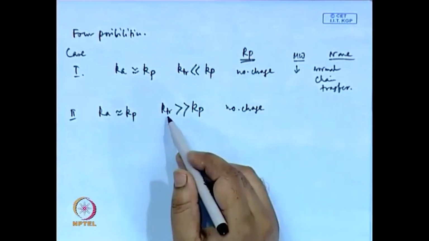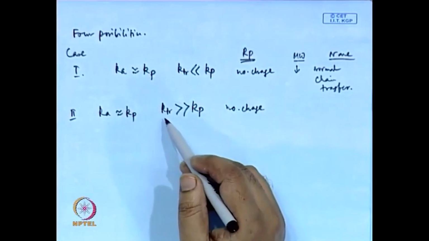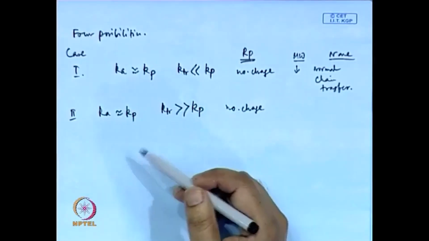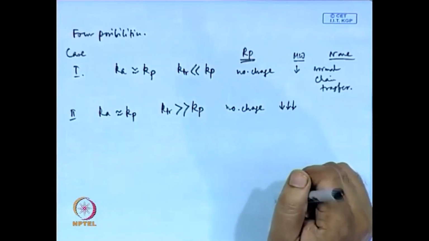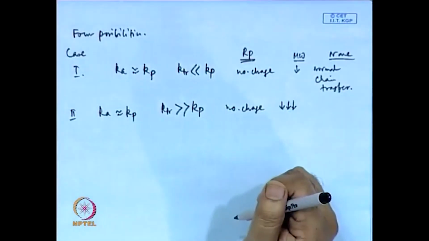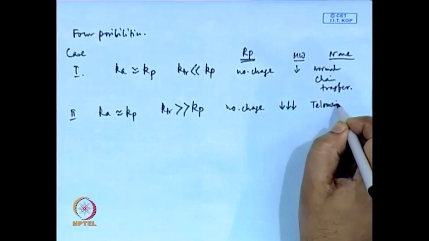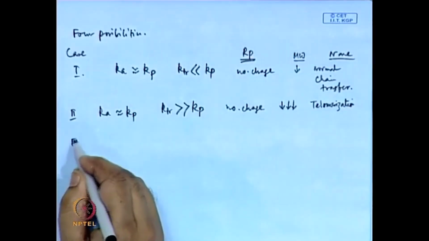Molecular weight, because the rate constant for the transfer reaction is much higher than the chain propagation reaction, the number of chains undergoing transfer reaction is much more. So, the molecular weight drops significantly, okay, it is a large decrease in the molecular weight, and we call this telomerization.